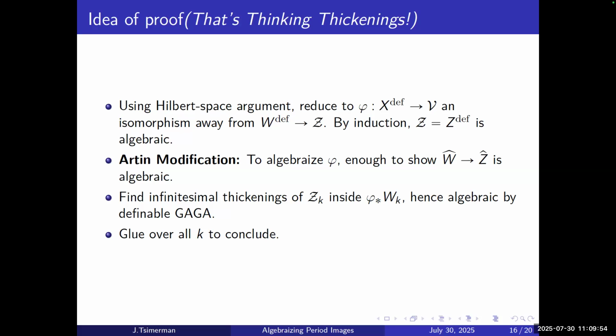You show the thing that's false unless you're careful, that the structure sheaf on Z injects into that. And if you actually had that, you would be done by definable Gaga, because it's a definable coherent subsheaf of an algebraic sheaf, therefore it itself is algebraic.